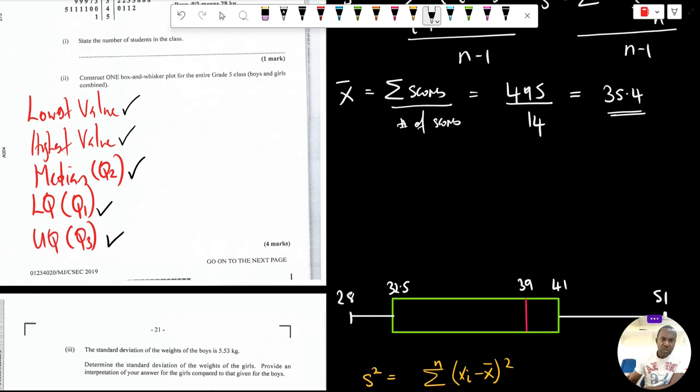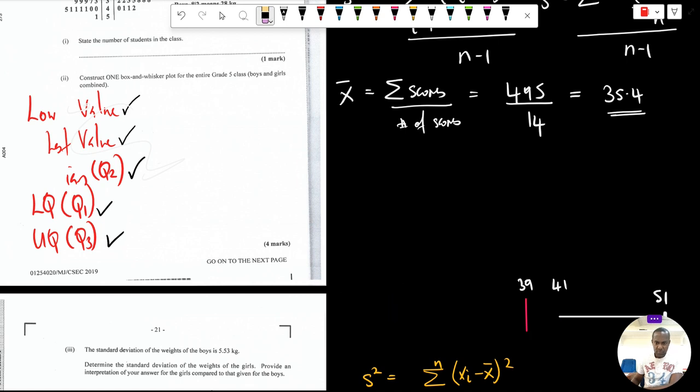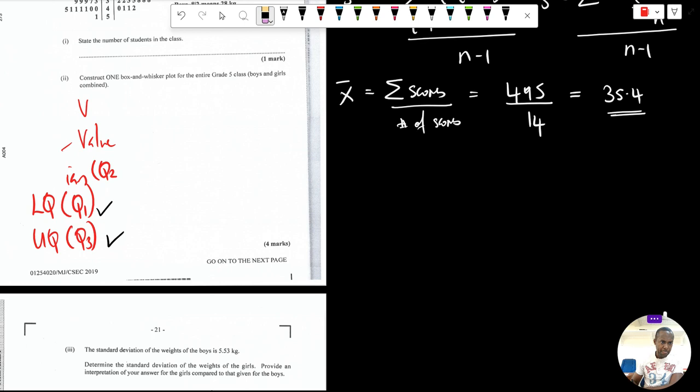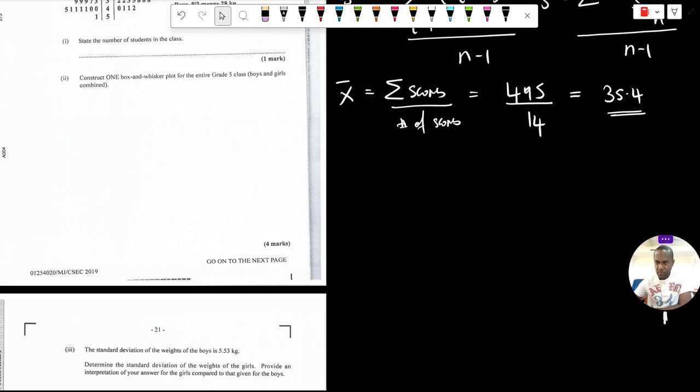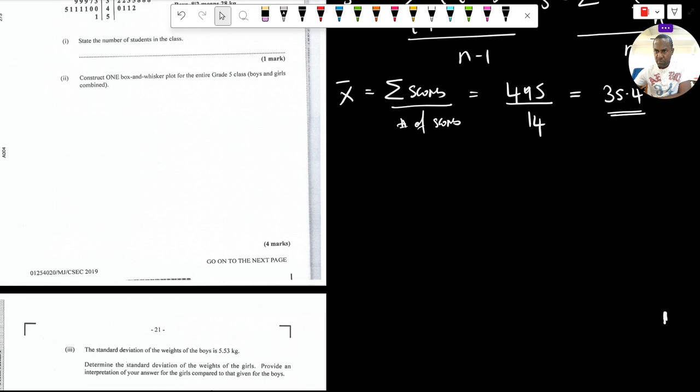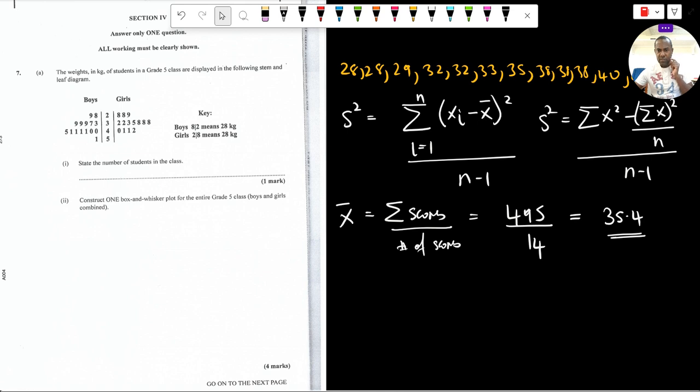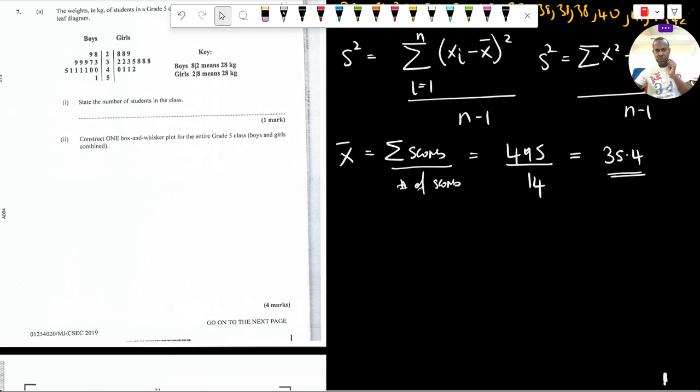Now we're going to draw a little table which will facilitate our calculations, in which we will list our values. Now, the sum of xi minus x bar, squared, right?